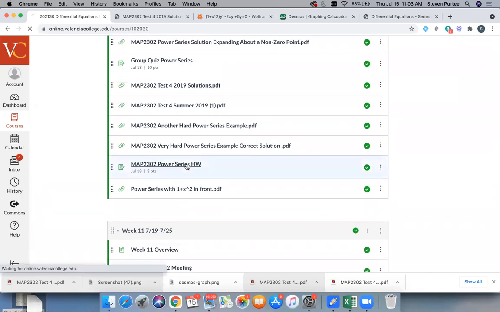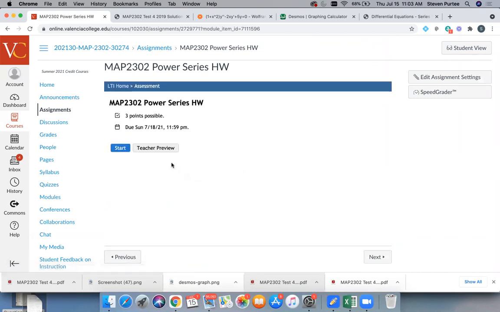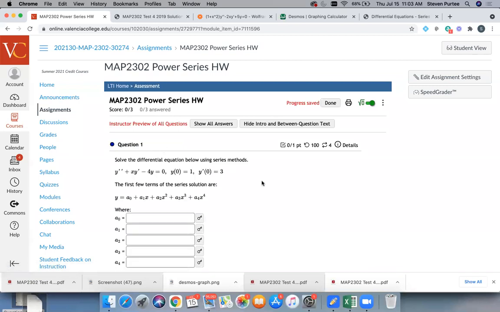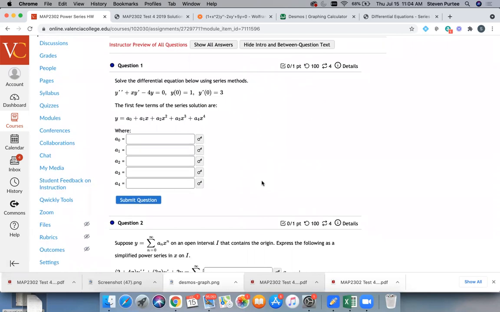Just had a question about the first question in the homework. Okay. What was your question about it? Well, I started doing it like the day before yesterday, and I just got stuck throughout the process.